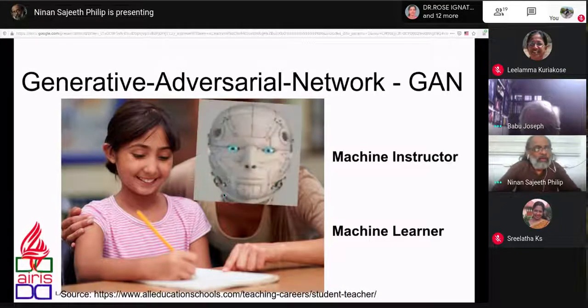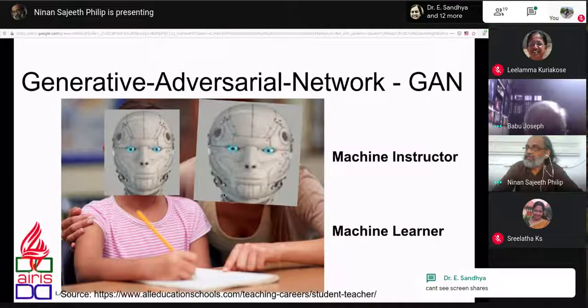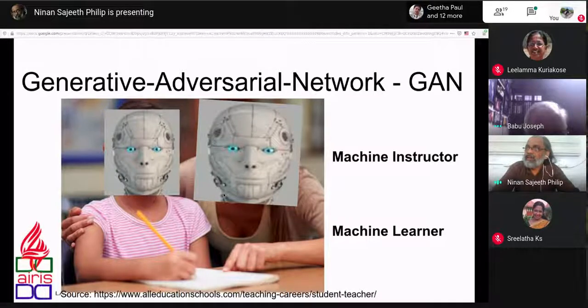But if I replace the human instructor with a machine instructor, and the human learner also with a machine, then what I get is the GAN, or the Generative Adversarial Network. And GAN is a very powerful and general model which has many variants that are available.